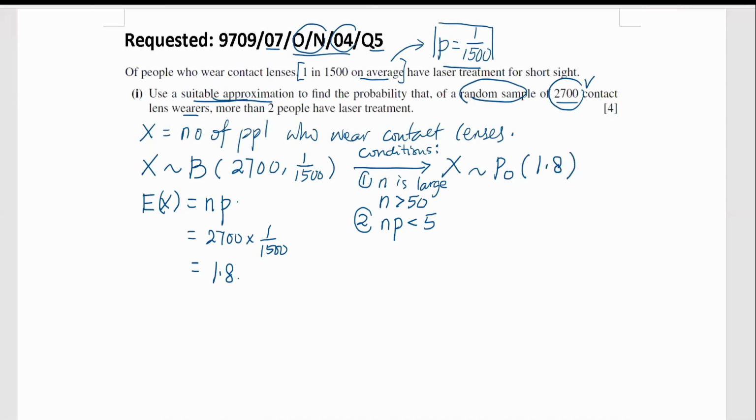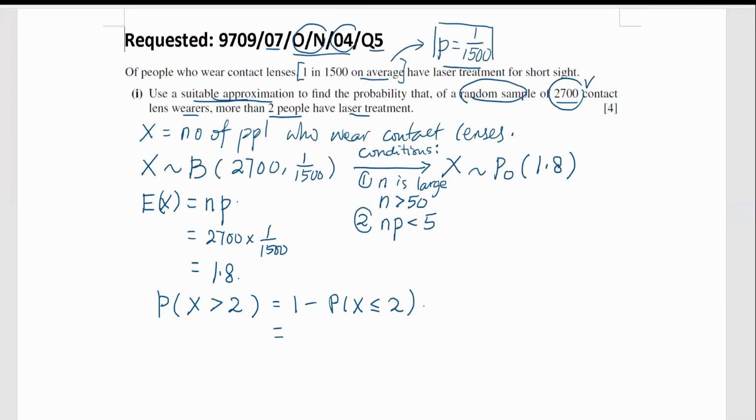Now we are trying to find the probability that the number of contact lens wearers who have laser treatment is more than 2, so x more than 2. For Poisson distributions, when the question asks you to find x greater than 2, you must take 1 minus the probability of x less than or equal to 2.